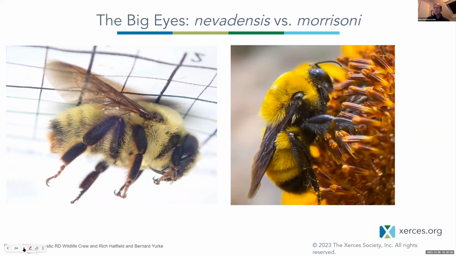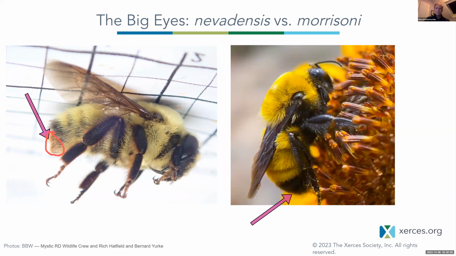But one of the things that we look at in particular with these, in addition to their big eyes, which I'll show you a closer picture of in a second, since these are in that big eye group, is actually the tail. You'll notice if you look at Bombus Nevadensis over here on the left, that I'm circling an area right now that appears red.